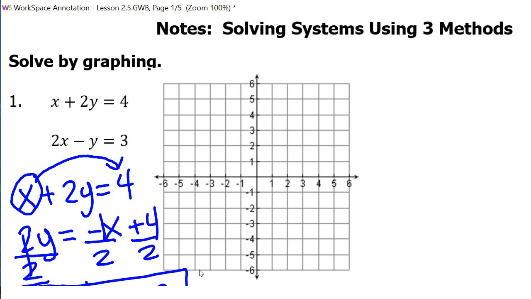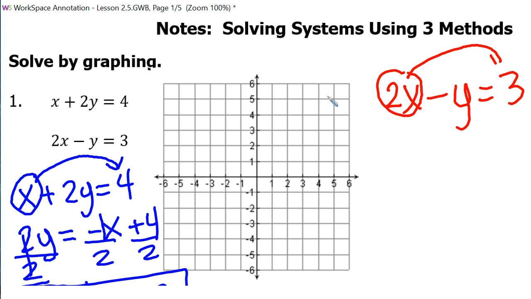Now we need to do the same process to the second equation. So that one is 2x minus y equals 3. And if I want this y by itself, what has to move? 2x. What happens to that 2x when I move it to the other side? Becomes a negative 2x. Be careful. What's in front of that y?